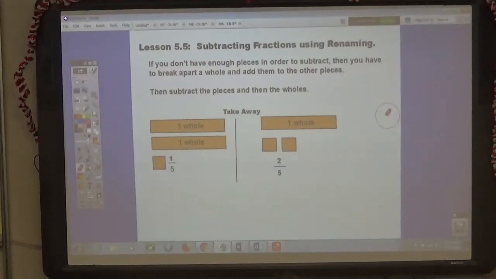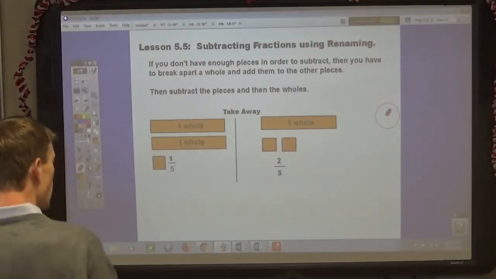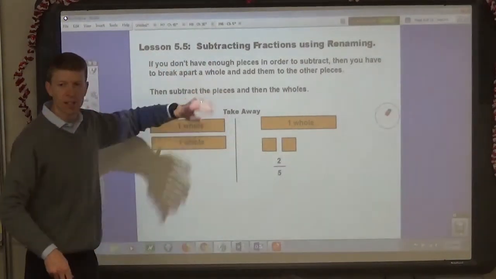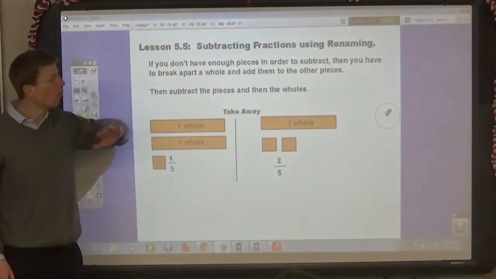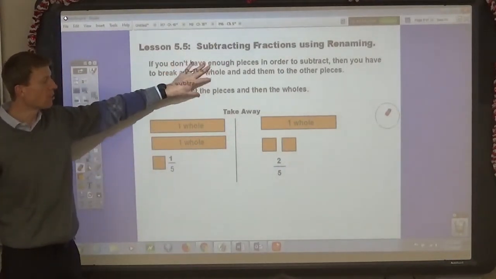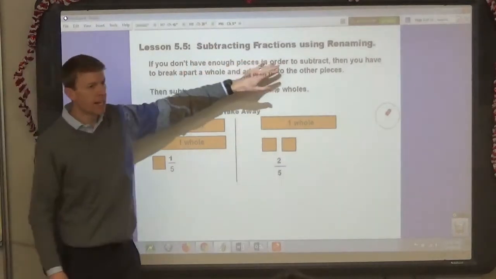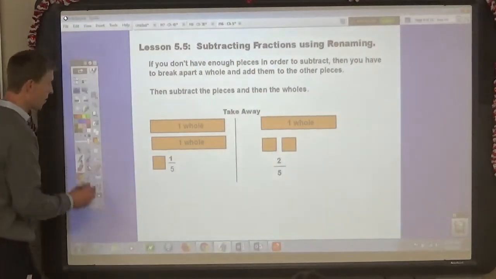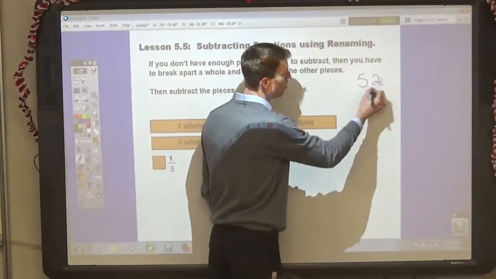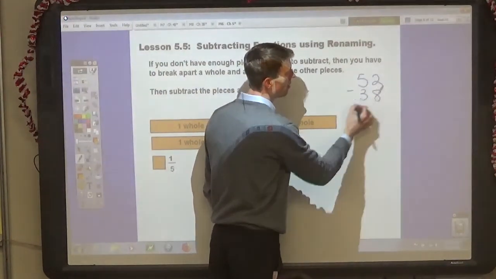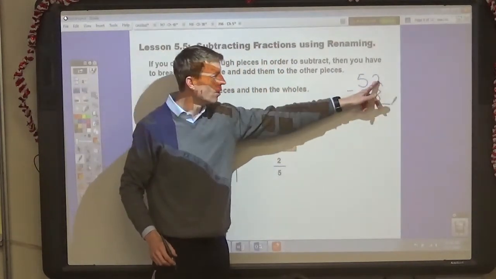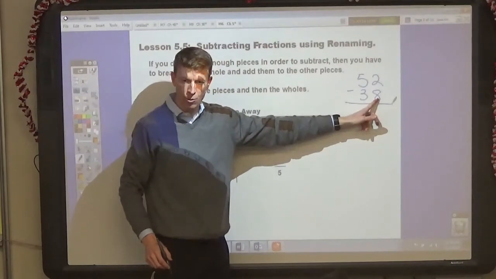All right, so class, yesterday we worked on subtracting using models, hopefully helping you to figure out what it is when we're renaming. We're going to be subtracting fractions using renaming, which is just like having a problem like 52 minus 38 and renaming the top number, because you can't do 2 ones take away 8 ones.